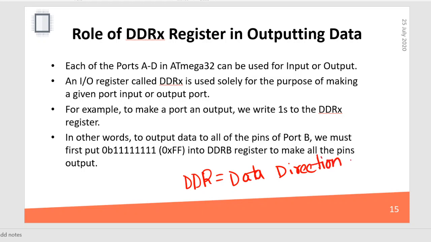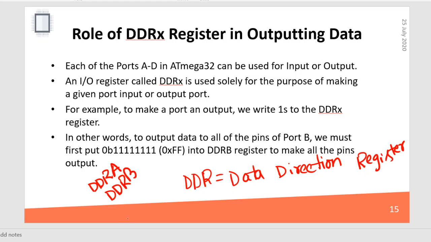So this register will be used for the purpose of making a given port an input or output port. So for declaring port A as input or output, we will use DDR-A. For port B, you will use DDR-B, then for port C, DDR-C, and for port D, DDR-D.